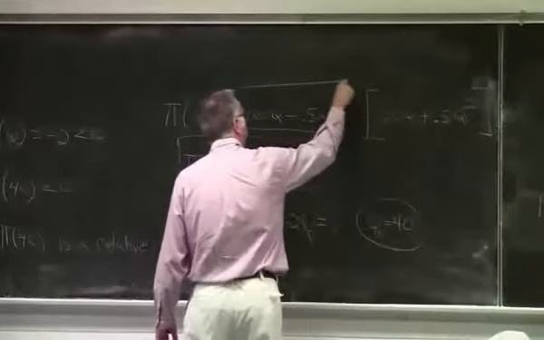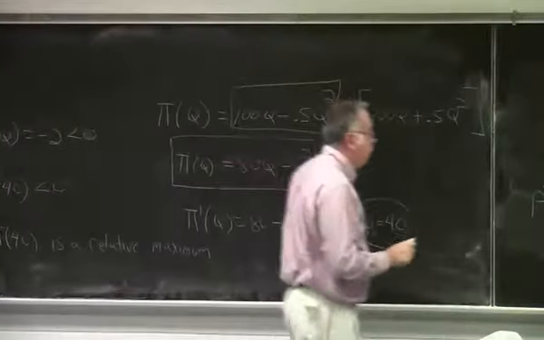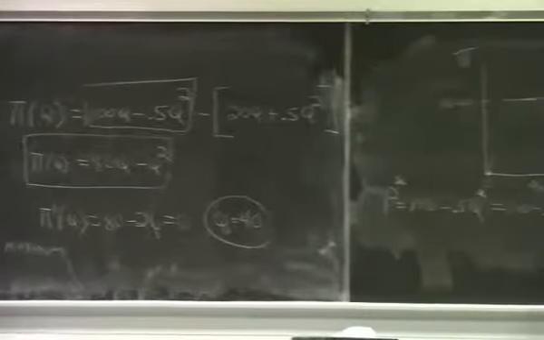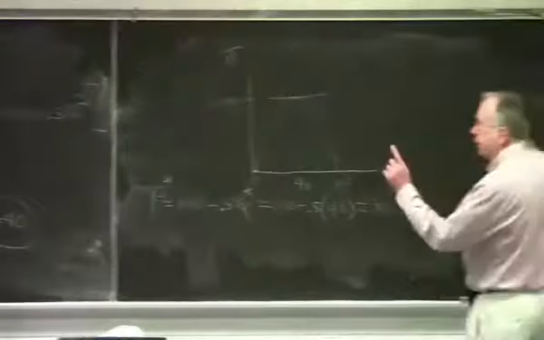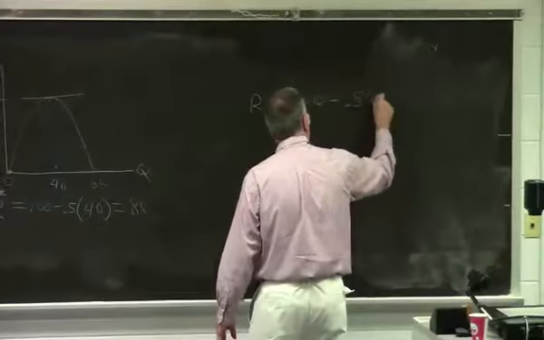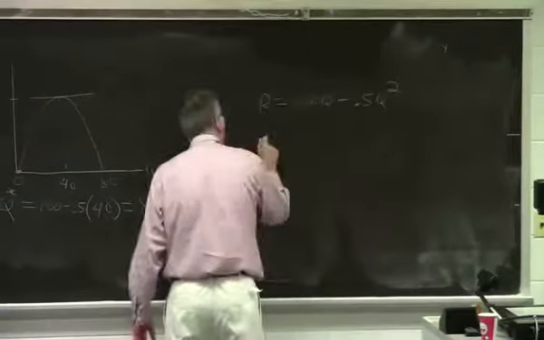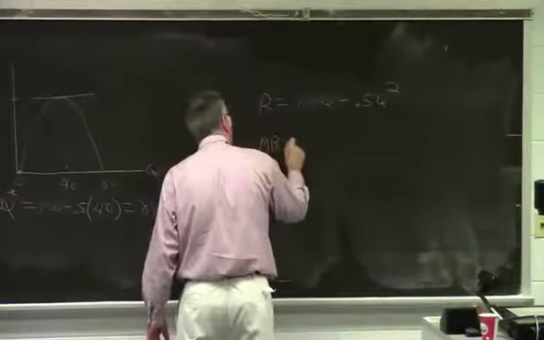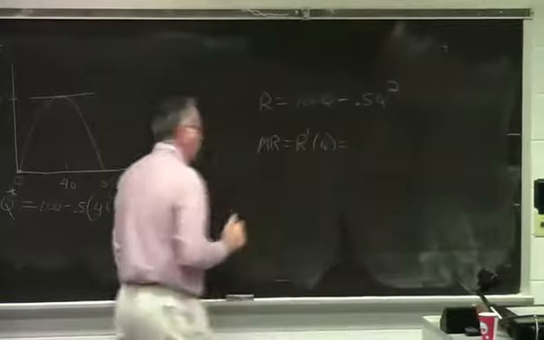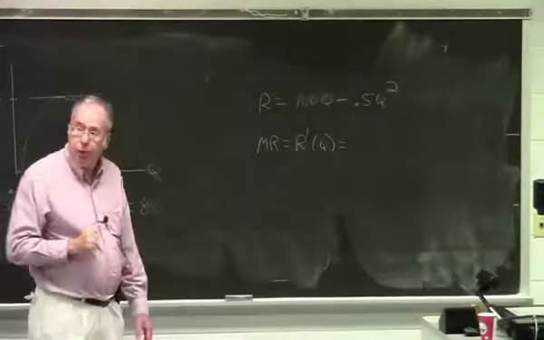That was our revenue function. 100Q minus 0.5 Q squared. So marginal revenue, or R prime of Q, is just 100 minus Q.